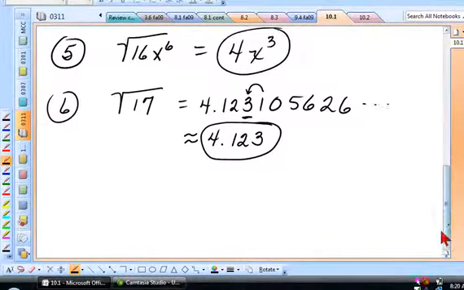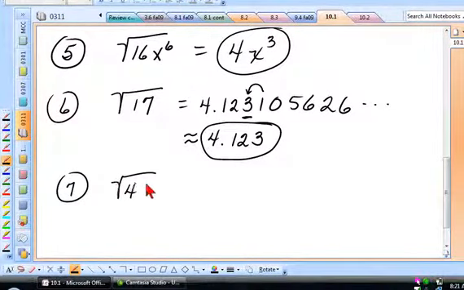Number 7, same instructions. It says, what is the square root of 45? It says to approximate it to 3 places. So if you'll do that with your calculator.